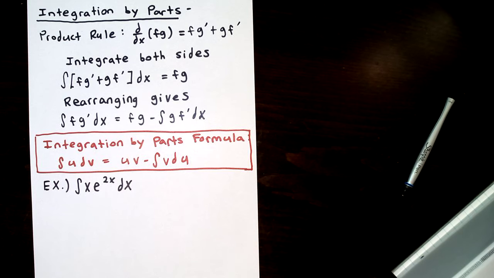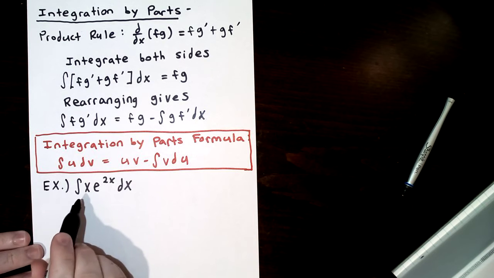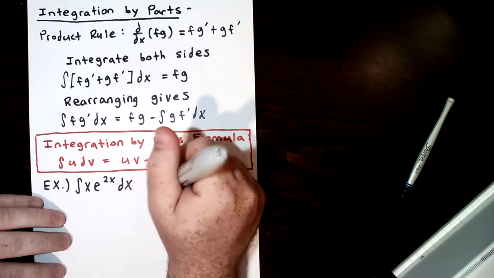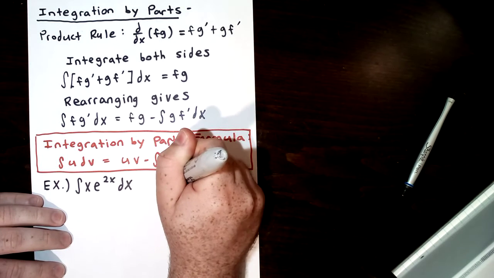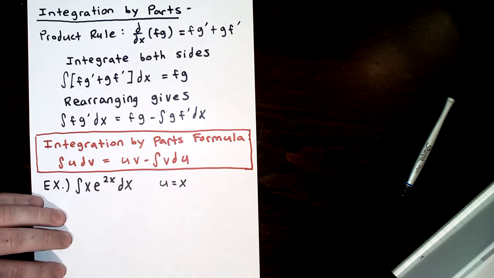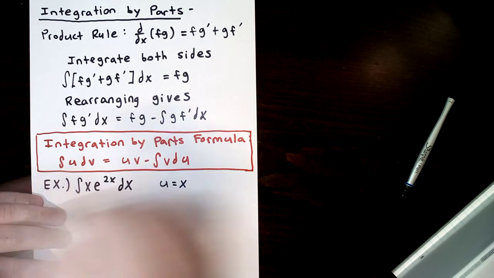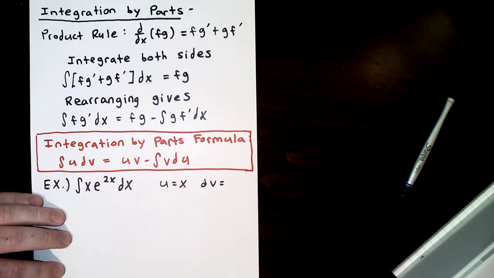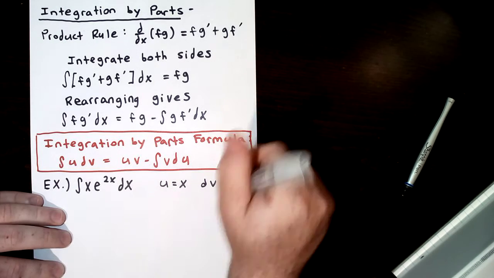But unfortunately, that won't work because we have an x factor right here. So this is an example of a function in which we will need to use integration by parts. So let's let u be equal to x, and we'll let dv equal e to the 2x dx.